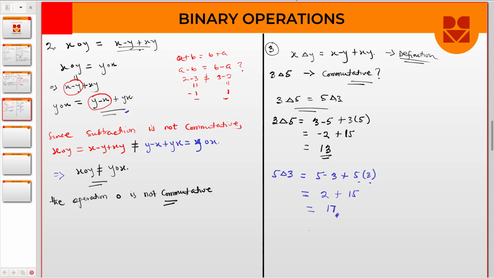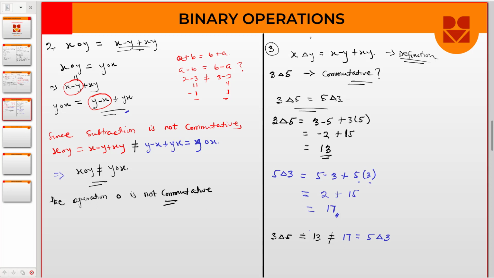So 3 operation 5, which is equal to 13, is not equal to 17, which came from 5 operation 3.